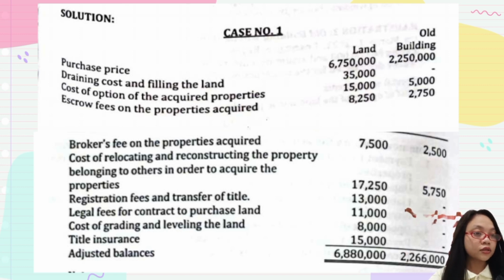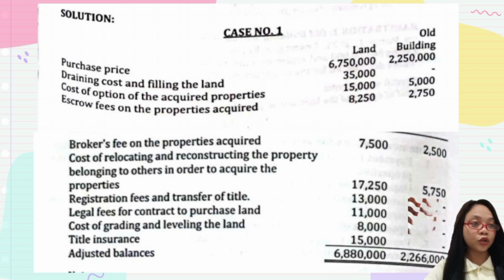Next, naa tay cost of relocating and reconstructing the property belonging to others in order to acquire the properties. Since naa pay mga building na naa sa land na atong i-acquire, naa tay cost in relocating and reconstructing the property aron ma-acquire na both ang properties. So this cost is allocated both sa land and old building based sa ilang fair value.